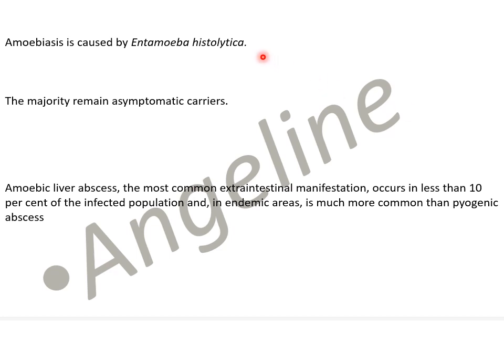So it's caused by Entamoeba histolytica. The majority remain asymptomatic carriers. Amoebic liver abscess, which is the most common extraintestinal manifestation, occurs in less than 10% of the infected population in endemic areas, and it is much more common than a pyogenic liver abscess.